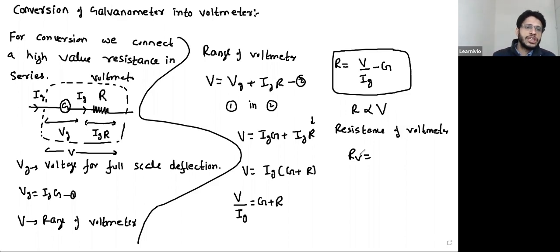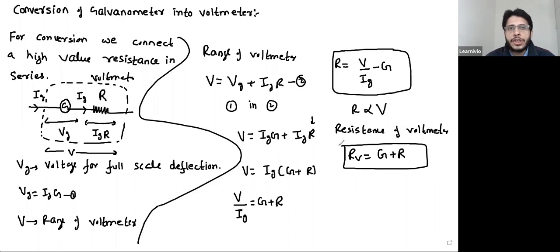So it's simple. G and R are connected in series. So how much is RV? This is simply the series combination of G and R. So the resistance of the voltmeter is just the series combination of G and R, G plus R only. So that is your RV.